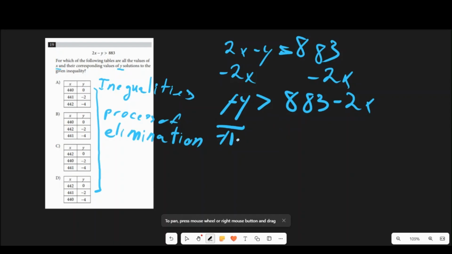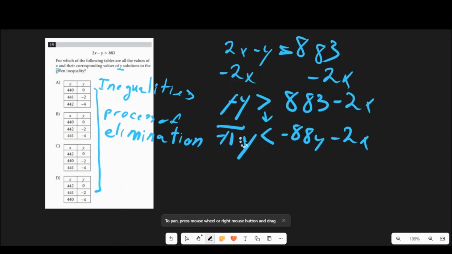Once we divide by a negative, the sign actually flips, right? So greater than becomes less than, and then everything on this side flips, so this becomes y is less than 2x minus 883, right?